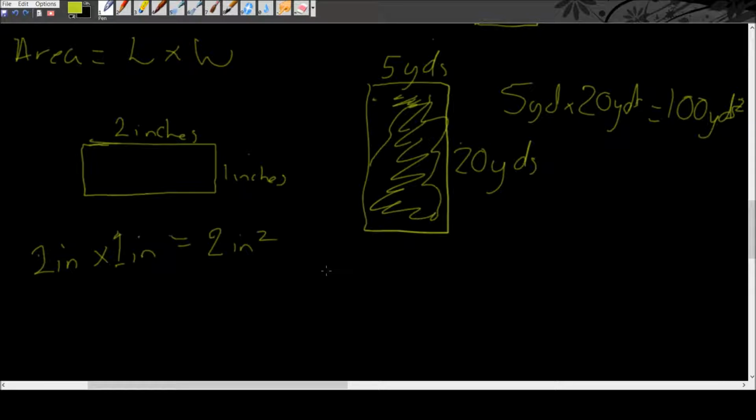They may even go further and give you a question where you have to do a little bit of conversion. So they may give you something that looks like this and say that this measurement is maybe 2 meters, and then this is 50 centimeters.